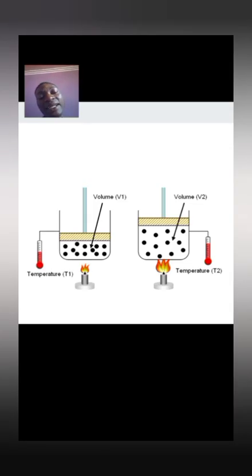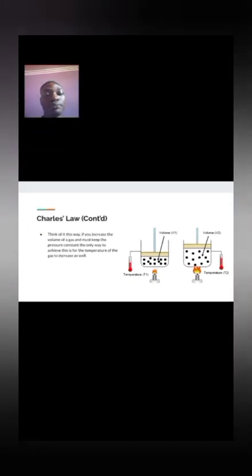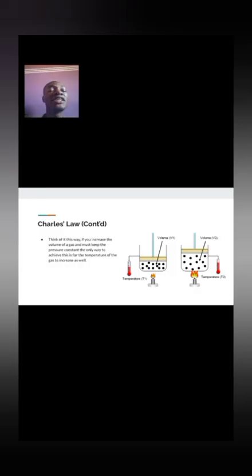The molecules gain more kinetic energy and the volume increases. That is what Charles' law is trying to tell us: when you increase the temperature of a gas, the volume of that gas will also increase.